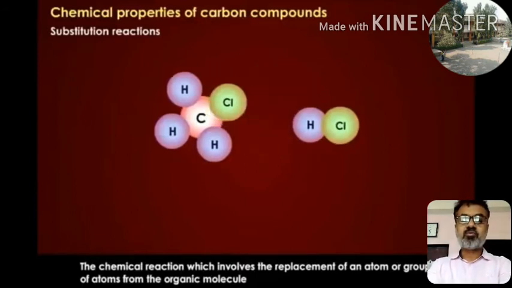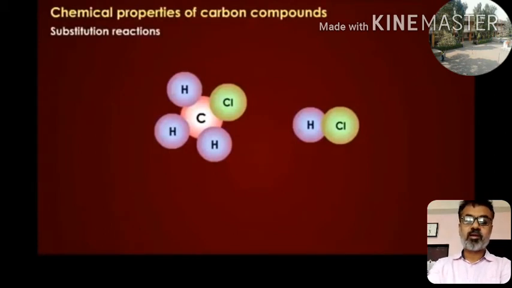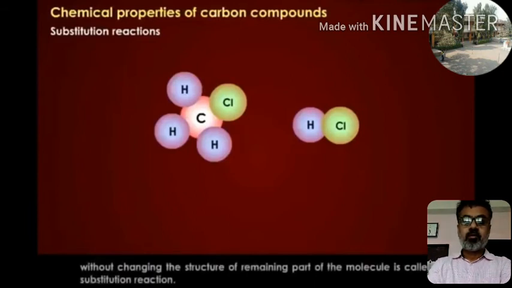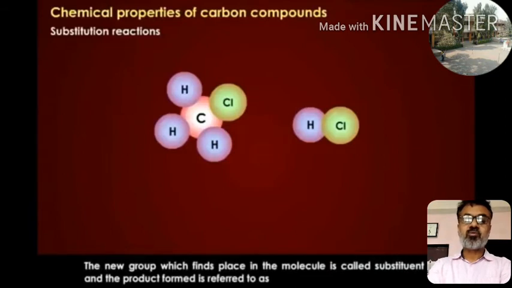The next reaction is the substitution reaction. The chemical reaction which involves the replacement of an atom or group of atoms in an organic molecule by some other atom or group, without changing the structure and properties of the remaining part of that molecule, is called a substitution reaction.